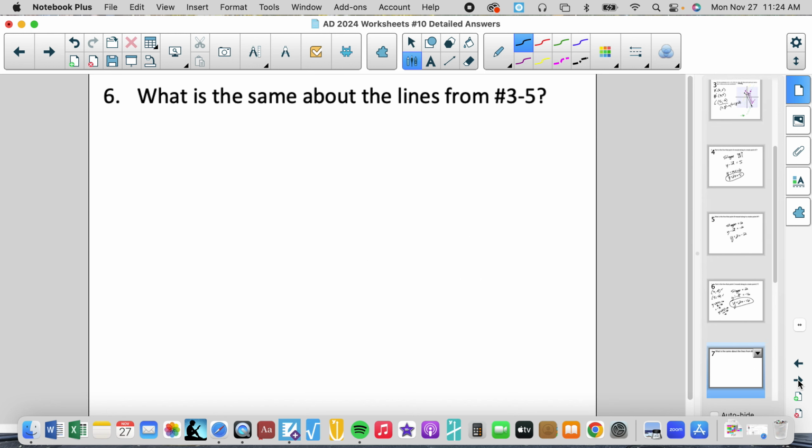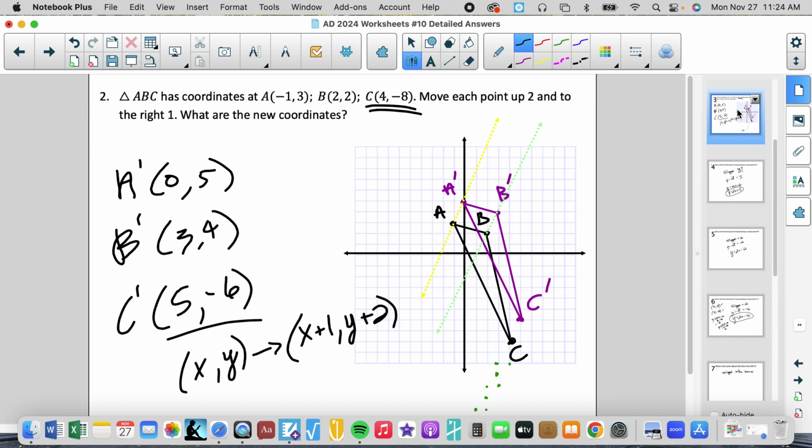That's pretty good. What is the same about the lines from 3 to 5? Well, the slope is the same. And they are parallel because we know lines that have the same slope are going to be parallel.